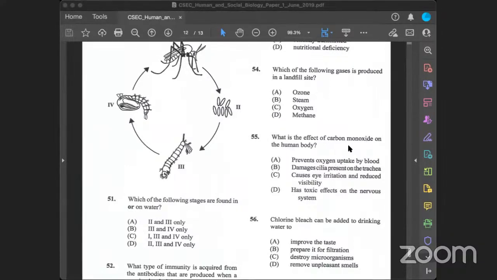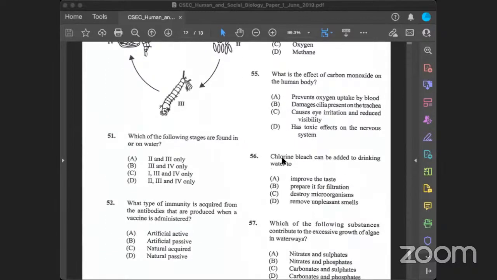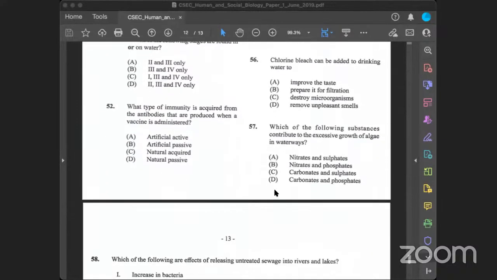Good. Carbon monoxide is liked more than oxygen by red blood cells, so A would be your answer there. Very good. For 56, chlorine does what? Destroy microorganisms. Kill the microbes. Which of the following substances contribute to the excessive growth of algae?